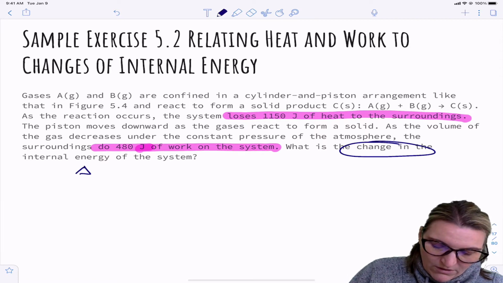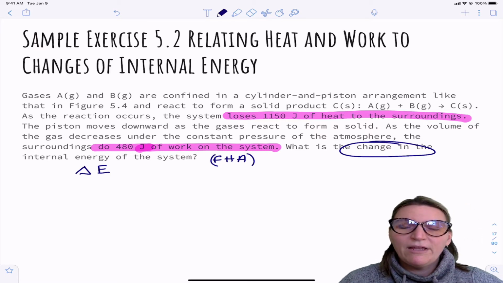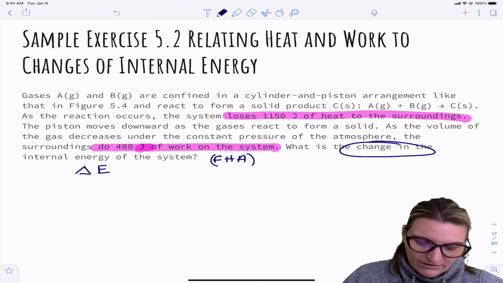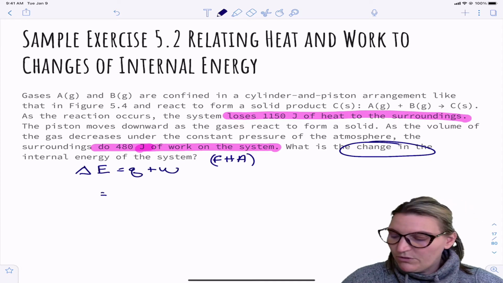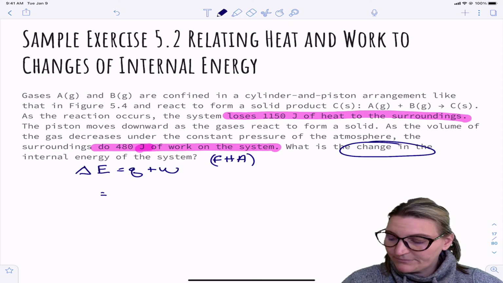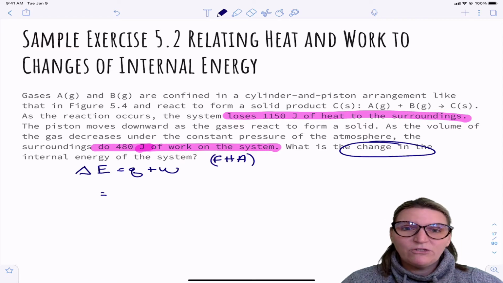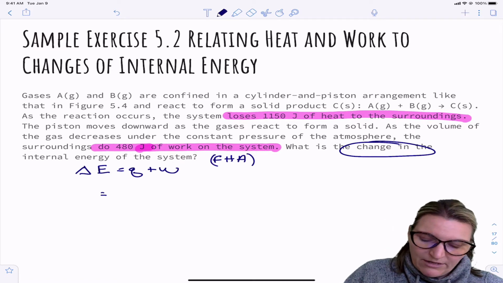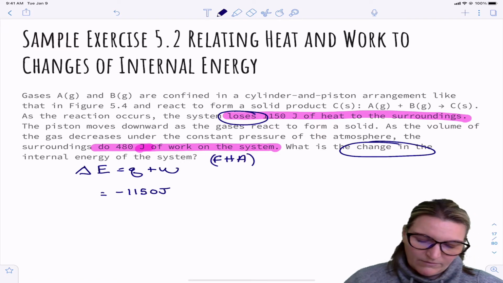Right, so as always, think of the formula, then plug in our numbers, and then solve for the answer. So delta E equals Q plus W. Now I go through the problem and look at what it means. If it loses 1150 joules of heat to the surroundings, that means Q is going to be minus 1150 joules.